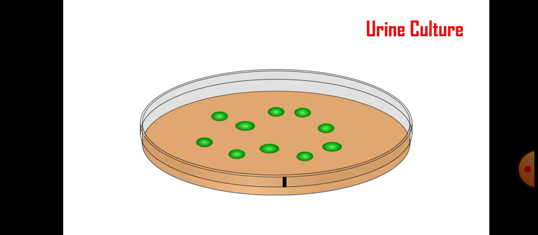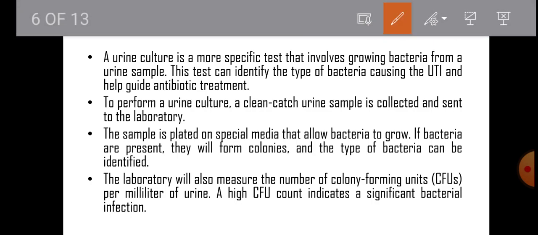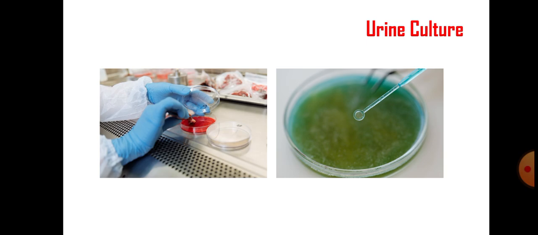It is said to be the colony forming unit. Here I have given what is colony forming unit. A high colony forming unit count indicates a significant bacterial infection. So urine culture is a normal test recommended by a physician for a patient suspected to have urinary tract infection.